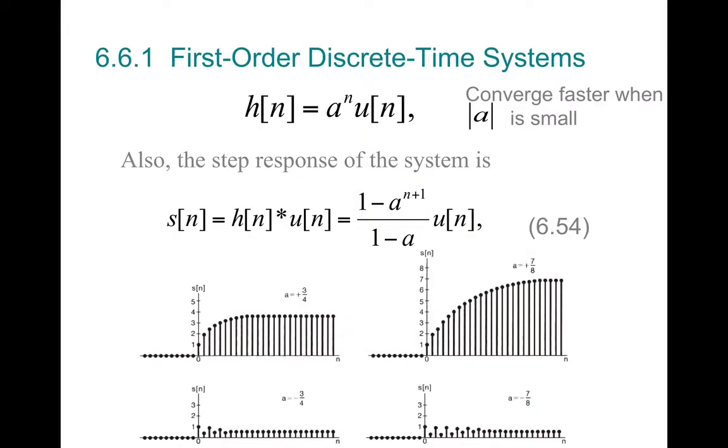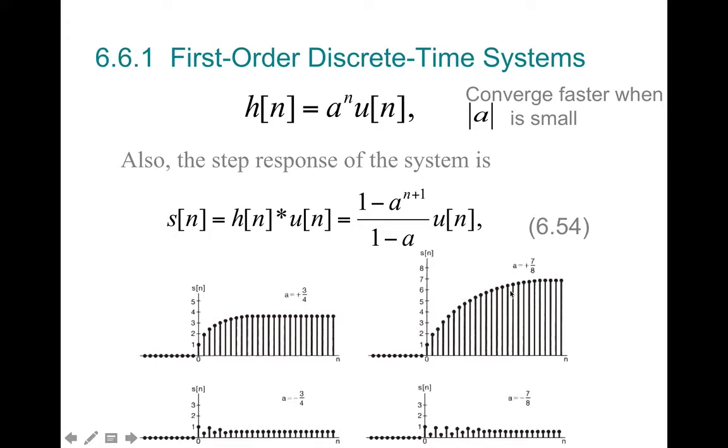So when a equals 3 divided by 4, it will eventually converge to 1 divided by 1 minus a, and that is 1 divided by 1/4, and that is 4. So you can see that if you follow my mouse cursor, the final value is converging close to 4 eventually.